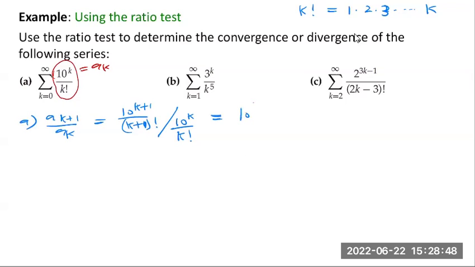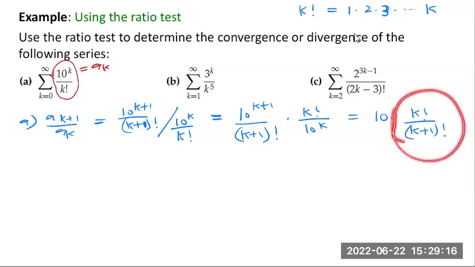This is 10 to the power k plus 1 divided by (k plus 1) factorial, multiplied by, you take the reciprocal, k factorial divided by 10 to the power k. Notice that here this 10 to the power k and here 10 to the power k will cancel, but one power will survive. That means this will be equal to 10 times k factorial divided by (k plus 1) factorial.